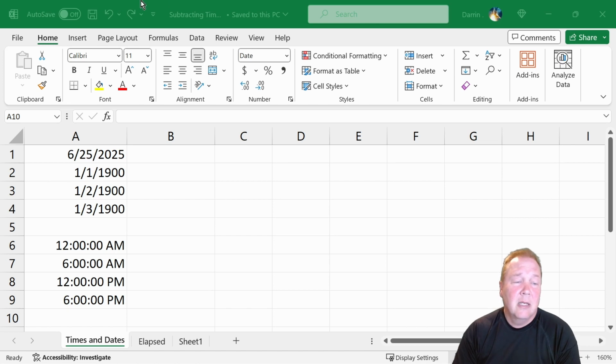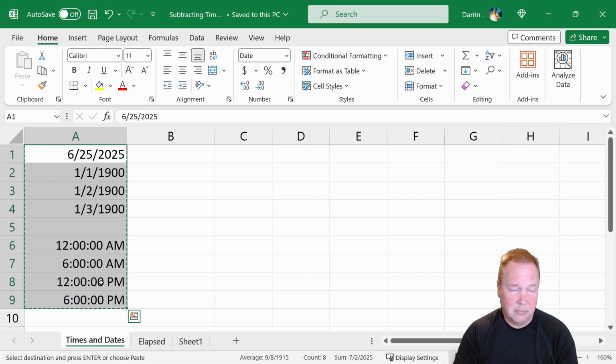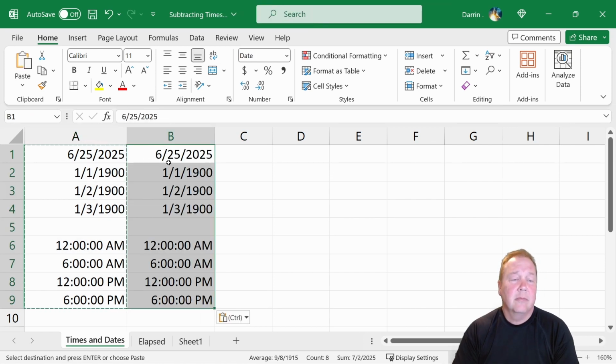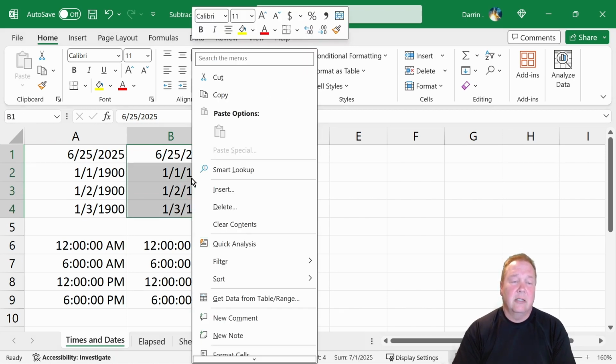So over here, I actually have some days entered, and let's just copy the stuff over first so that you can compare a little bit easier. Okay, let's convert these dates into simple numbers.